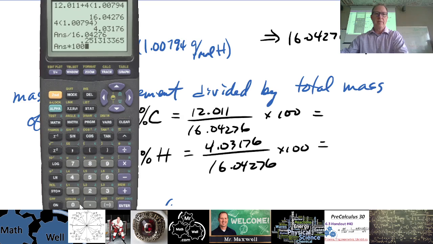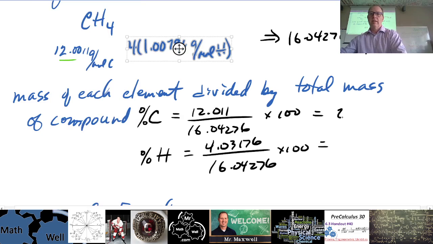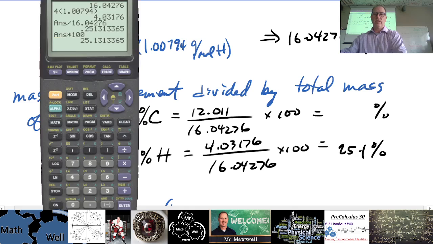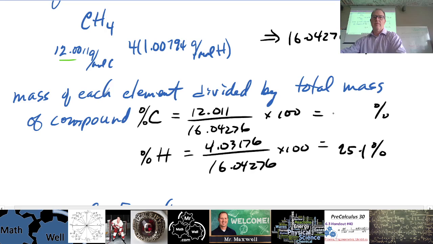And then if you want to do times 100, just move the decimal place over, obviously. 25.1%, that's for hydrogen, right? Sorry? 74.9. Okay, yeah, 74.9% then would be carbon if you did that calculation right.